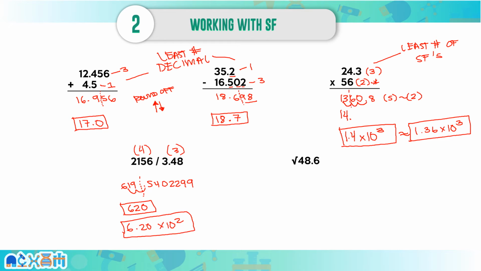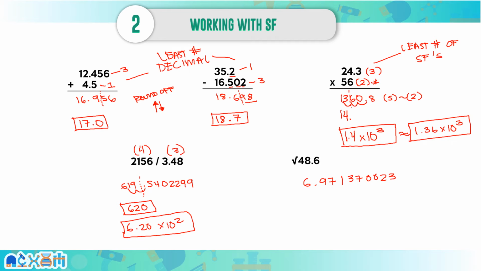However, if your final answer is not too large, such as 620, you don't have to put it in scientific notation. Next one is use square root of 48.6. The answer is 6.971370023 in your calculator.